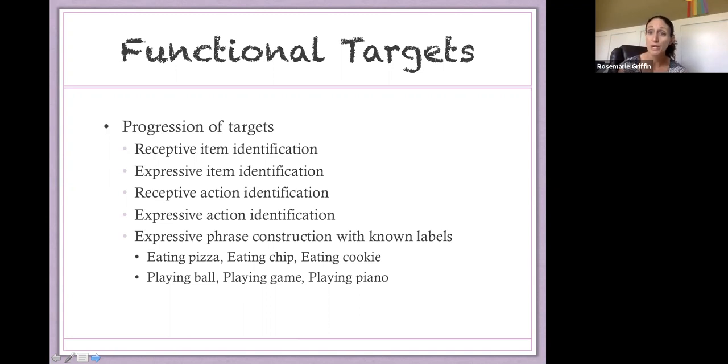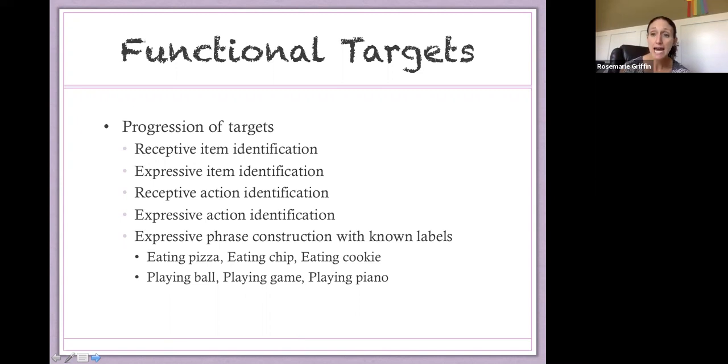So I want to make sure that we're working on things that are functional for their life at the time. And so this is what was functional for the student. Then playing ball, playing game, playing piano, things the student enjoyed that were preferred items. And so we started that way, where we were expressively doing the nouns, the actions, and then putting those nouns and actions together into phrases and doing phrase construction.